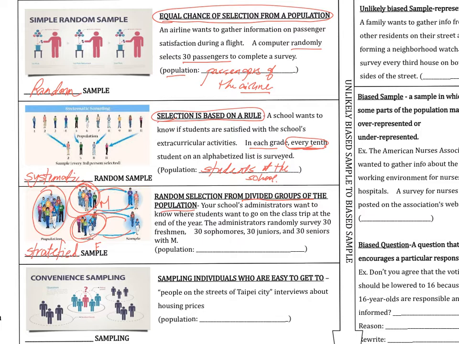So the administrators randomly survey 30 freshmen, meaning 9th graders, 30 sophomores, 10th graders, 30 juniors, 11th graders, and 30 seniors. So as you can see, the students are divided into groups, and then 30 of each group are being sampled. So this is considered a stratified sample, and the population would be the students.